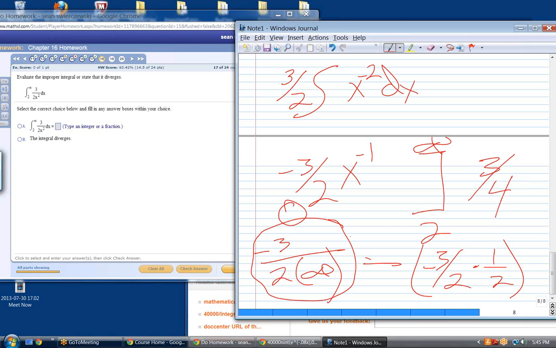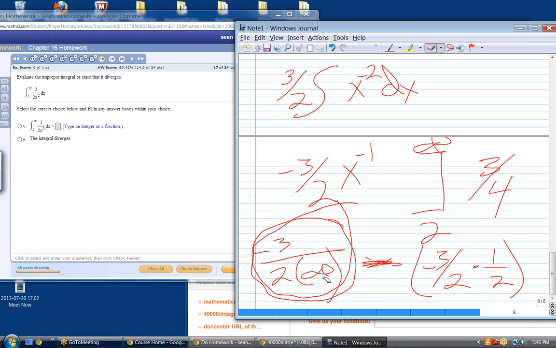It's probably important that you understand how I did that. I got you to just the last step. First of all, I'm going to plug in infinity for x to get this first circled thing. And then I'm going to subtract out the evaluation of this thing evaluated at 2. Well, I still have my minus 3/2. No, this 0 is what this thing evaluates to when I plug in infinity, because the denominator blows up.